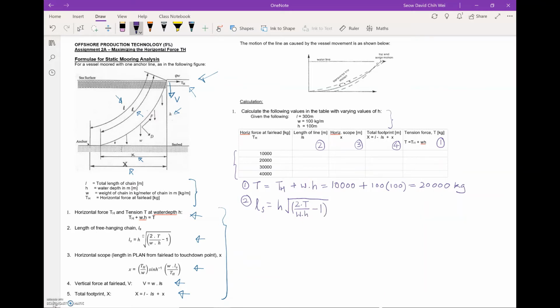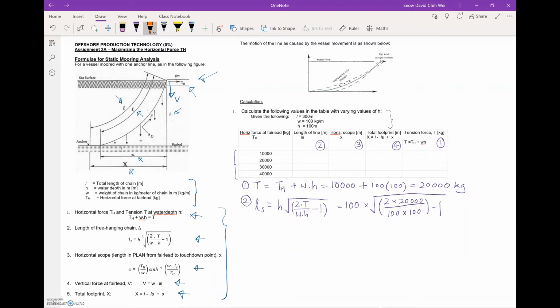Substituting the values, we have H as 100 meters multiplied by the square root of (2 times T, calculated above as 20,000, divided by W times H, 100 by 100, minus 1), all under the square root.